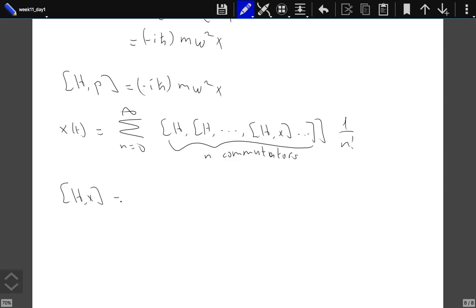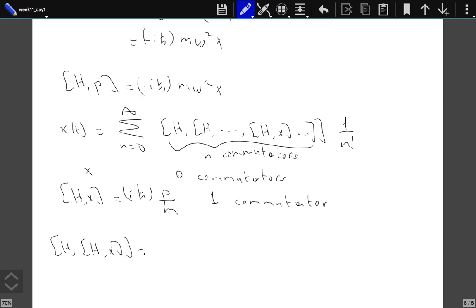H commutator with x, we said, is i h bar p over m. X, this is 0 commutators. This is 1 commutator. Hx will be equal to h times i h bar p over m.